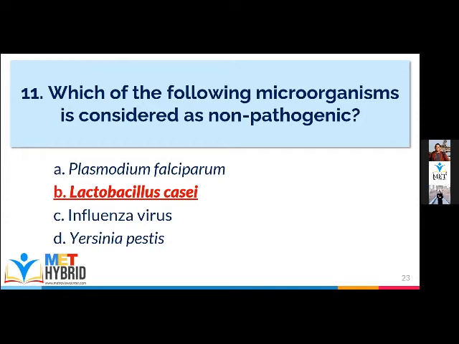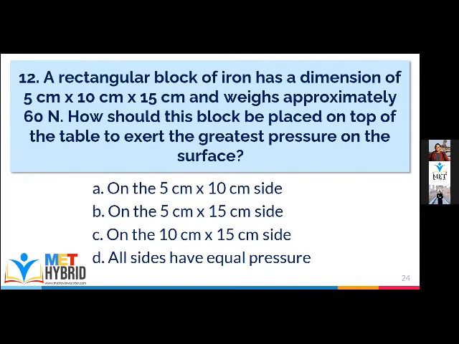Okay? So number 11, the answer is letter B, the Lactobacillus casei or probiotic bacteria. Number 12, a rectangular block of iron has a dimension of 5 cm times 10 cm times 15 cm and weighs approximately 60 Newton.